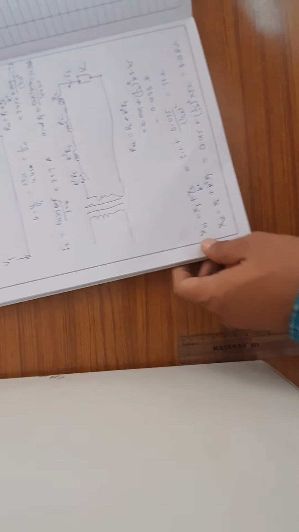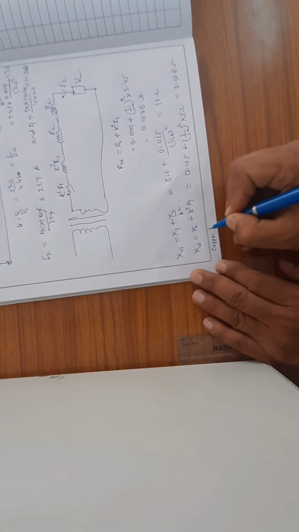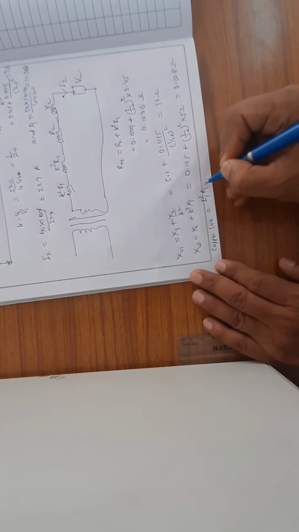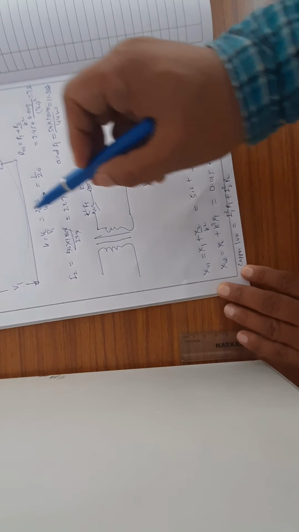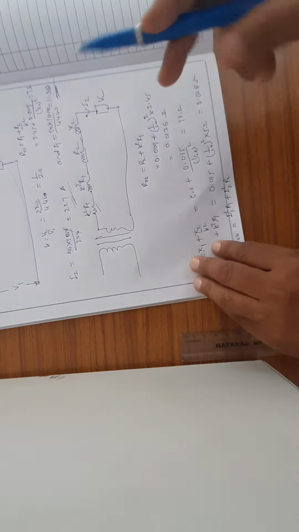Copper loss is I1 square R1 plus I2 square R2. I1 is here, I2 is here.